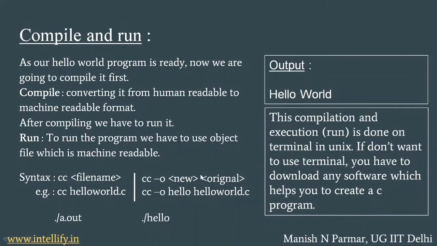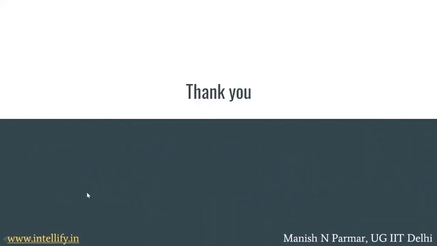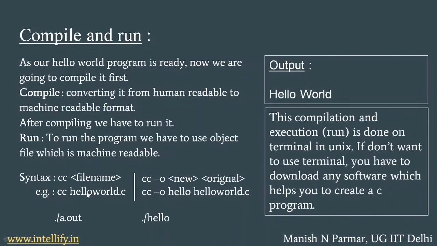Here you have to put a space. New means that if you want to create an object file that has a name defined by you, then you have to follow this format. And if you want the object file name to be the default, then you simply use the other format, and the object file will have the default name a.out.